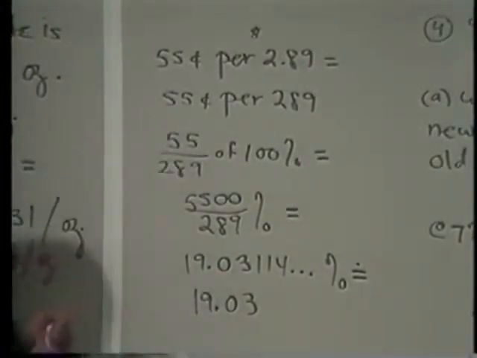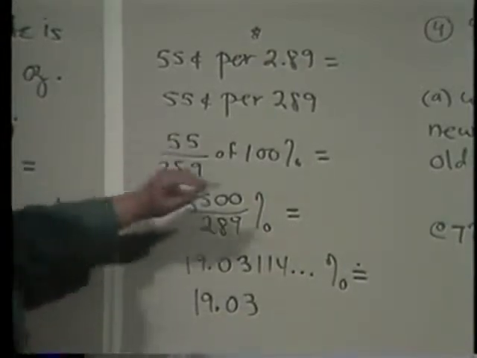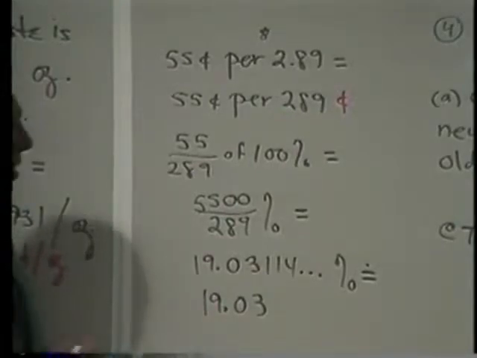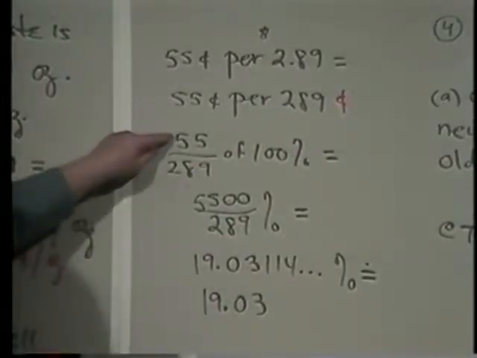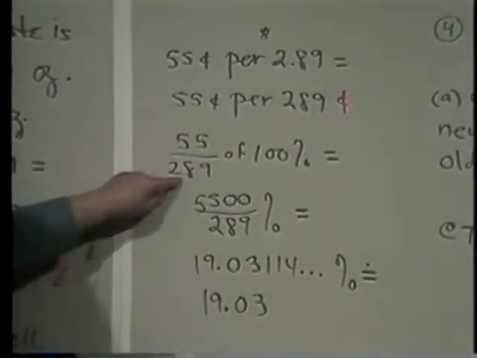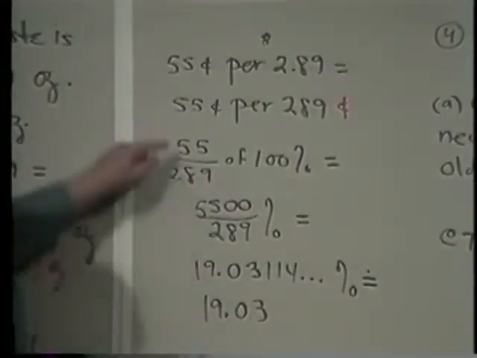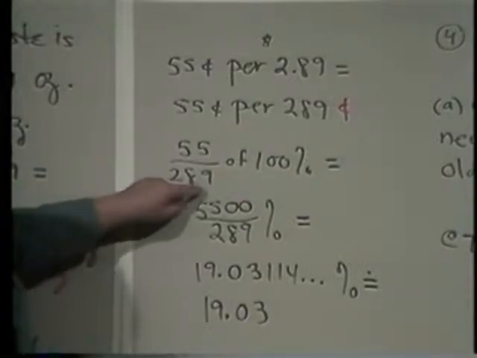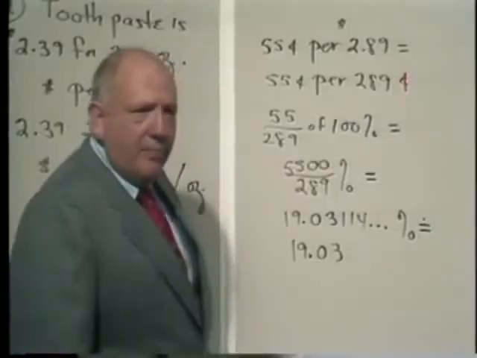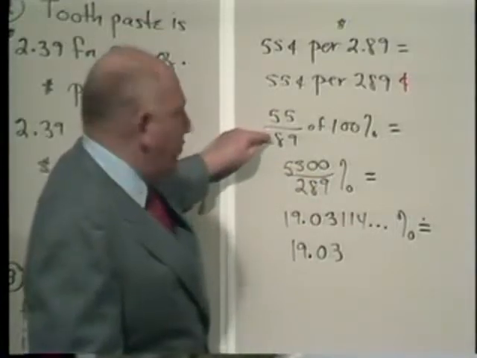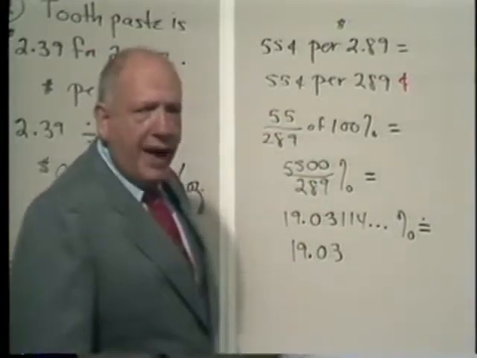So we have to reword this in the form that says you're making 55 cents for every 289 cents you're selling. So what fractional part are you keeping? 55 out of the 289. And the question says, as a percent, what is that? And the answer is it's 55 289ths of 100%. Remember how we read this? At a rate of 55 out of every 289, how many do you take out of 100?